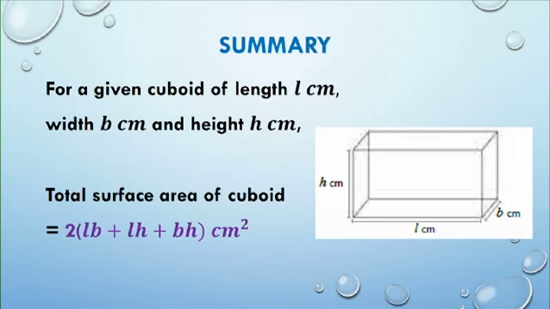For a given cuboid of length L centimeters, width B centimeters and height H centimeters, the total surface area will be given by 2 into length times width plus length times height plus width times height, centimeter square.